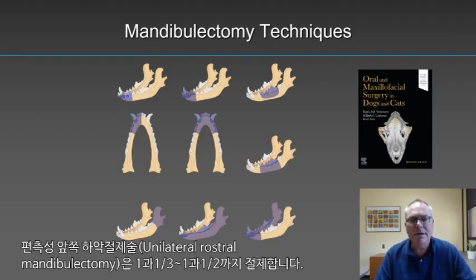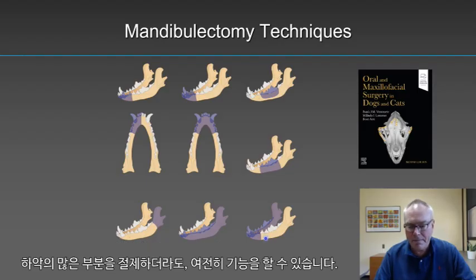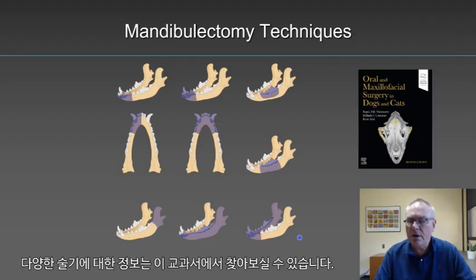Those are relatively small mandibulectomies, going all the way to 1 1/3, 1 1/2 mandibulectomy. So we can remove a lot of the mandible and still have a very functional animal. You can find all the technical details in the oral and maxillofacial surgery textbook.